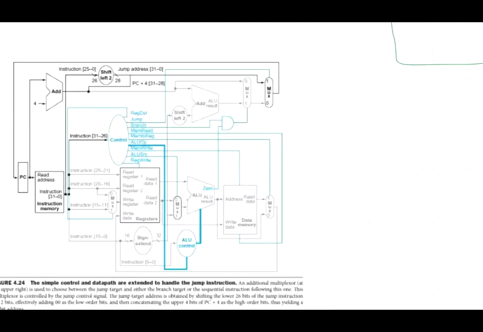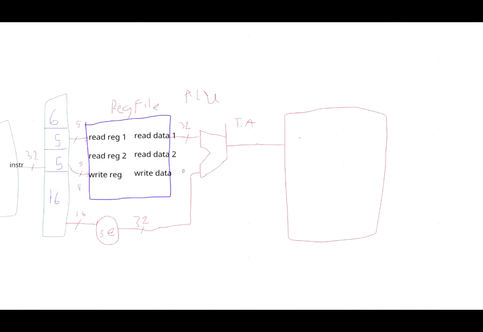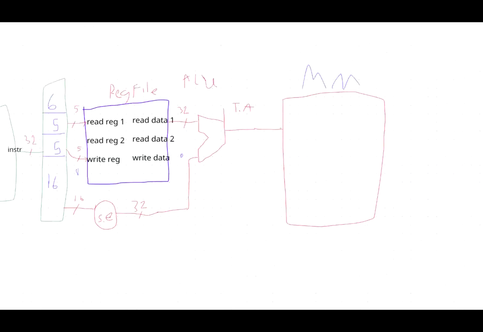Okay, so let's go back. The target address. So this is our main memory, a lot of times just MM for short, or just memory. What do you call this port? Just a read address, because the A in TA is for address. So we have an address here, and we're reading it.